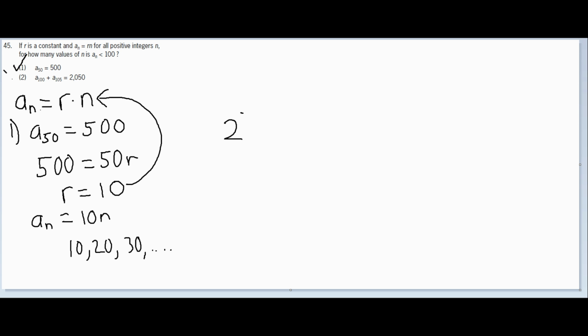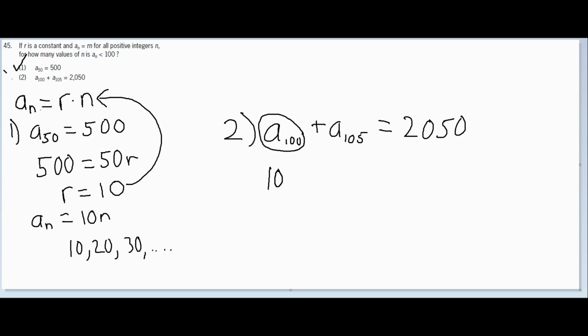Now, moving on to statement number 2, that tells us that a sub 100 plus a sub 105 is equal to 2050. And we know that here n is equal to 100, so we can replace that, just like we did in the first one, with 100r, plus here n is equal to 105, that would be 105r is equal to 2050.